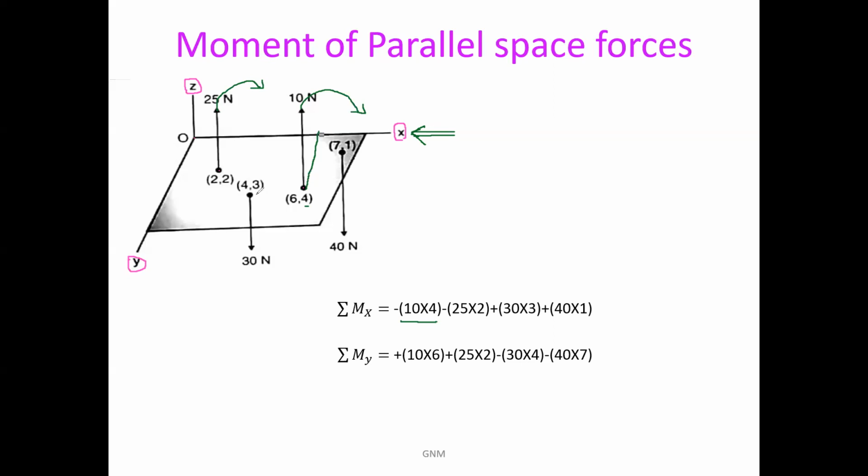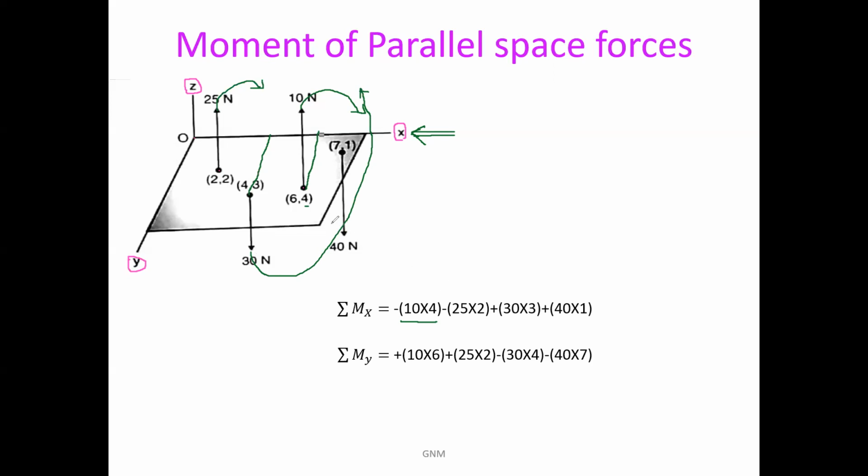It is at 3 meter distance from x-axis. This distance parallel to y-axis is given 3 meter. So 30 into 3 is moment, and it will rotate about x-axis in anti-clockwise direction like this. So its moment is anti-clockwise positive.